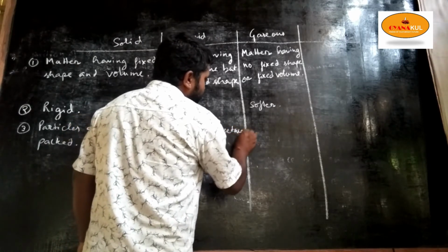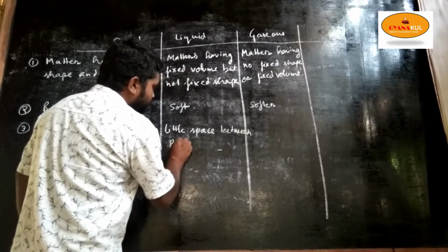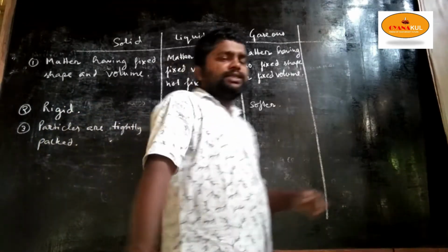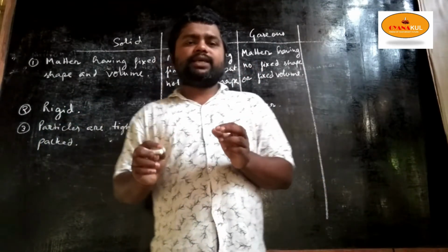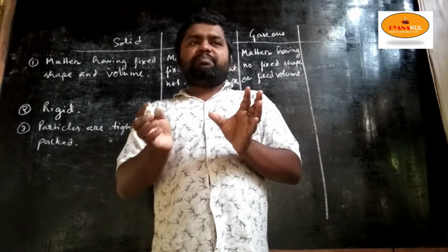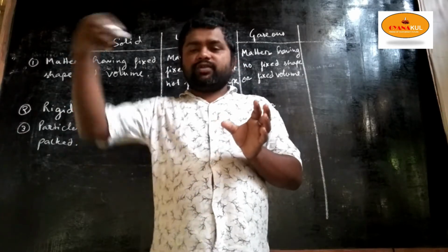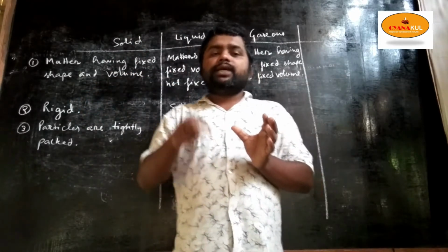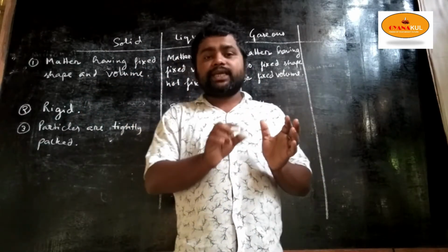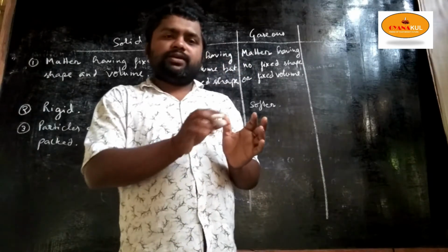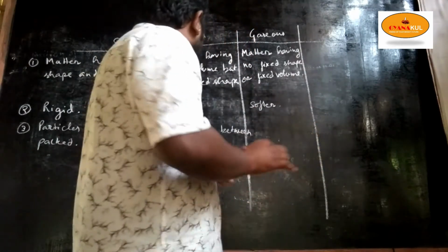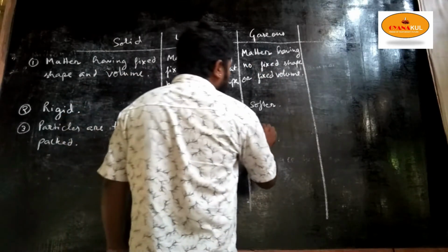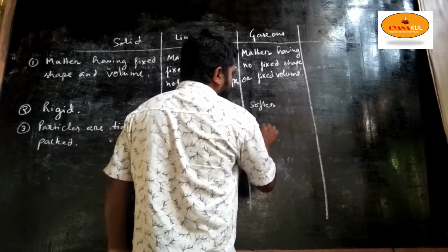As it has little space between the particles, if you dissolve other substances, they will be mixed, because the particles will be filled up in the gaps or the space in the liquid. Now if you go for the gases, they have more space between the particles.